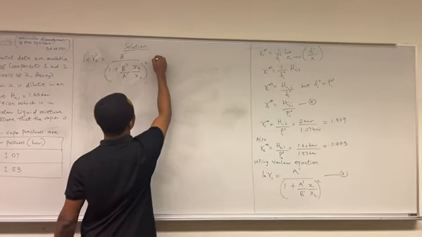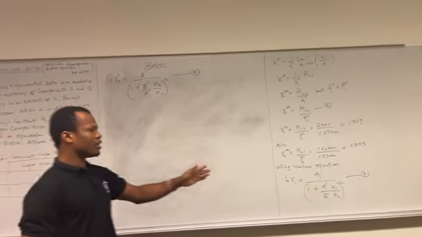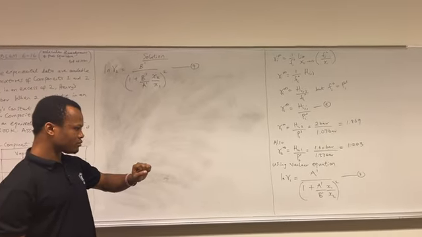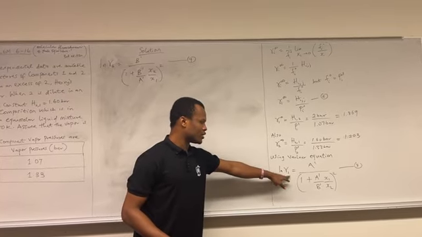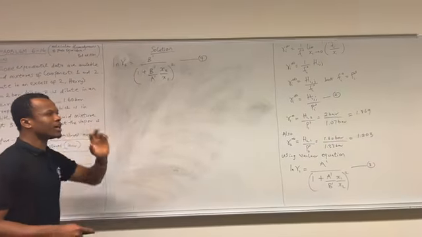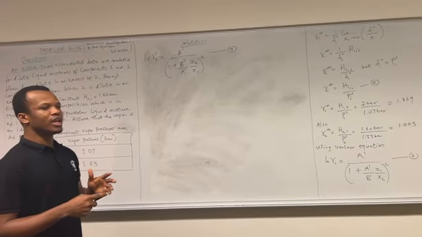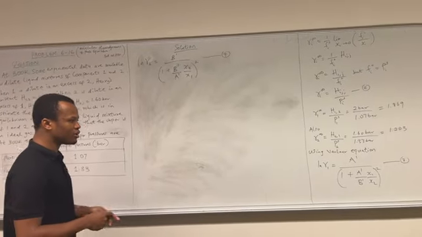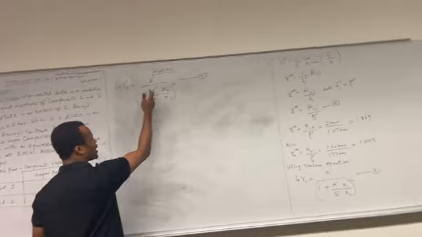Let me call this equation 4. So this is the Van Laar equation. It will help us get the values of gamma 1 and gamma 2, which are the two important parameters we need, together with the equilibrium equation, to get the values of y1 and y2, which we are looking for. So from here, we need to get the values of our a prime and b prime.